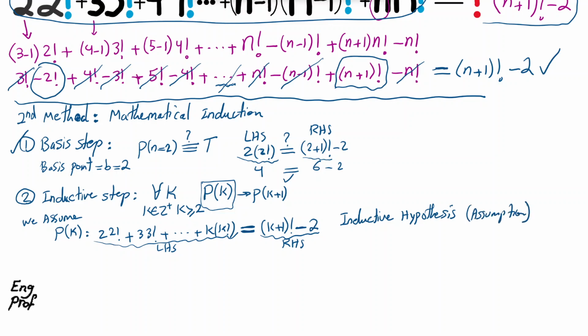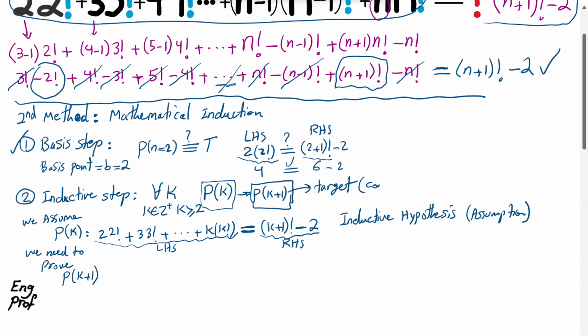Now, using this, we need to prove that p of k plus 1 is also true, which means, let's write it, so the target, or conclusion, that we need to arrive at.